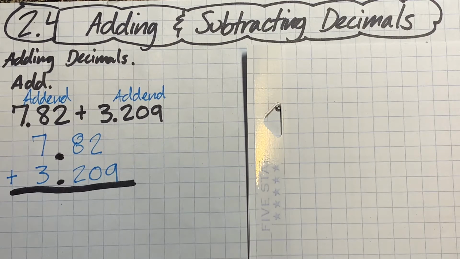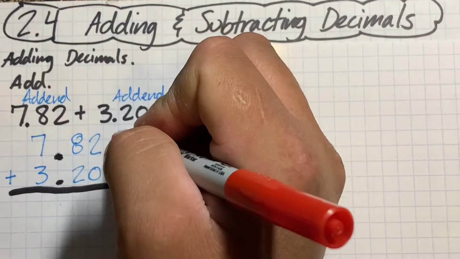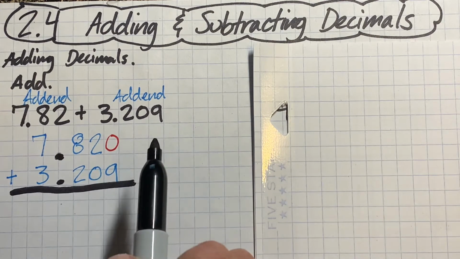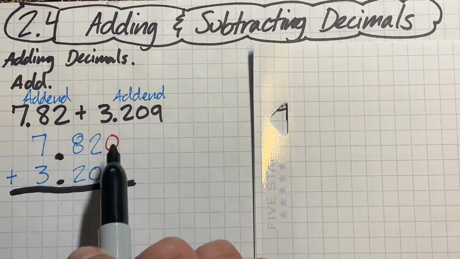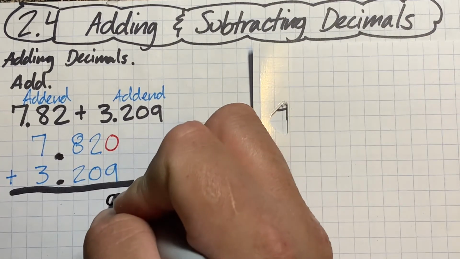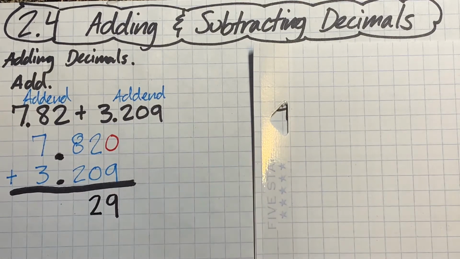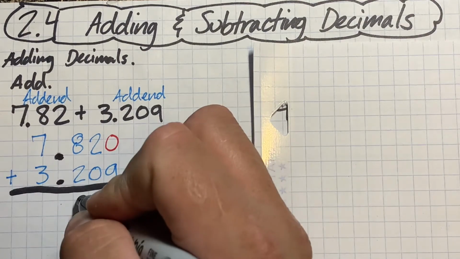Now the second step is to go ahead and put placeholders in place. So keep in mind that putting a placeholder 0 there will not change the value of 7 and 82 hundredths. Now the next step is that we're going to go ahead and add. Always start from the far right and work your way to the left. 0 plus 9 is going to be 9. 2 plus 0 is 2. 8 plus 2 is 10.